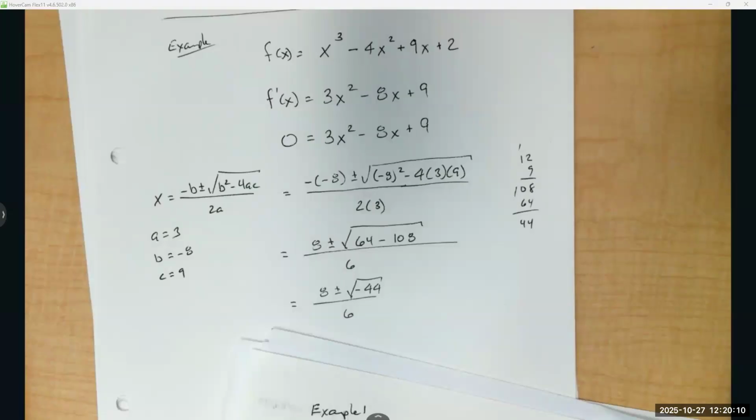There are no vertices. It's a continuously increasing function.